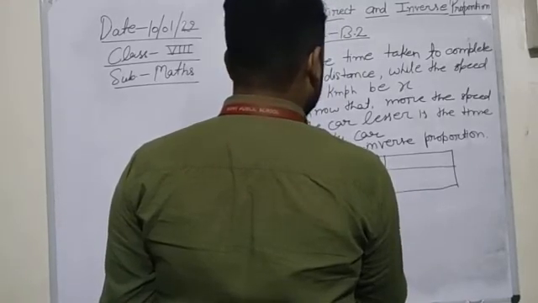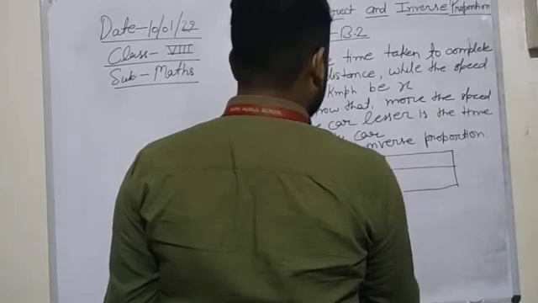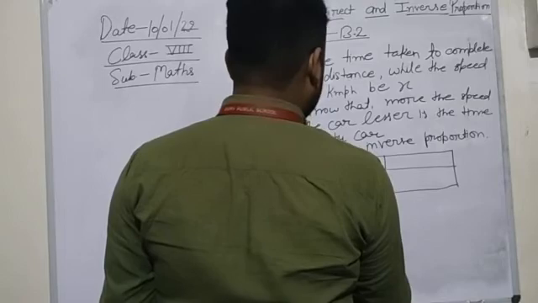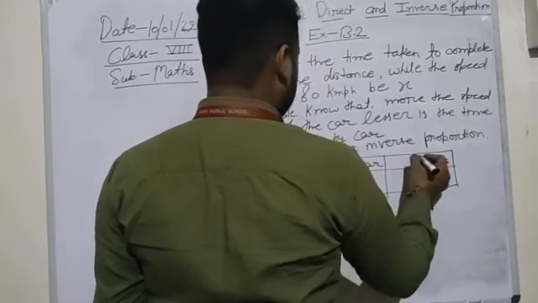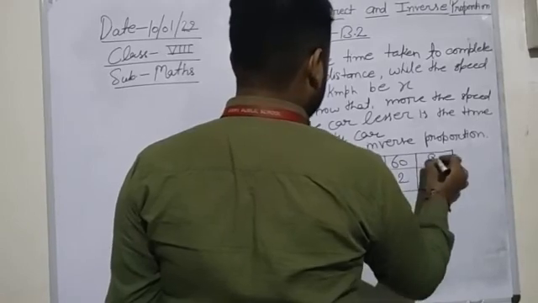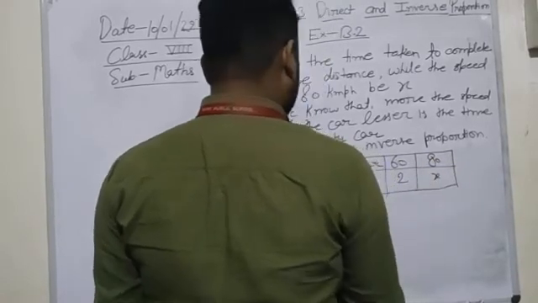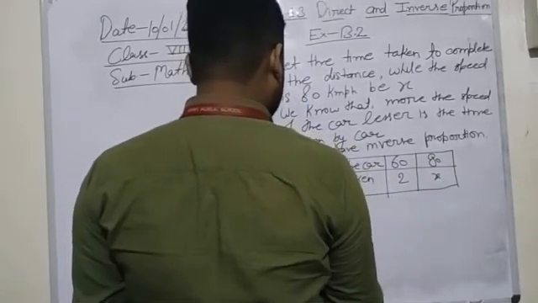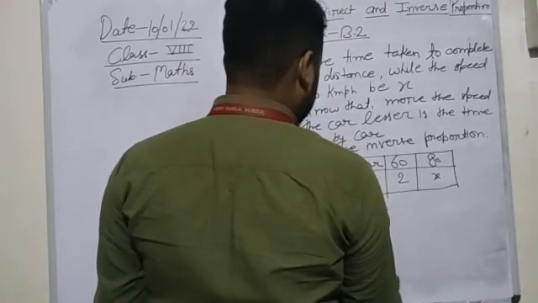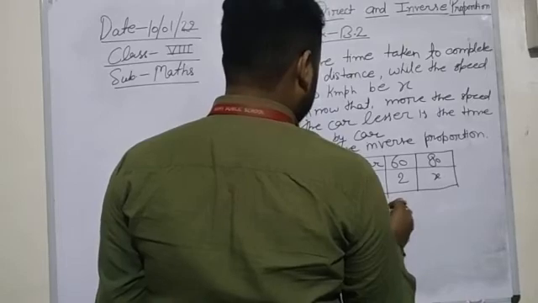Speed of the car and time taken. Now 60 into 2 is equal to 80 into x.